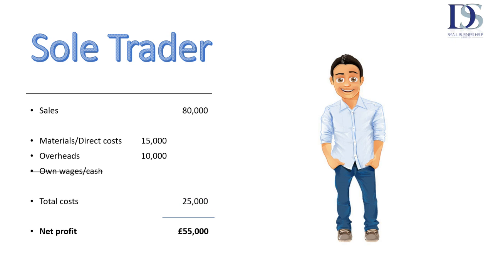This is the equivalent of you earning a salary of £55,000. And on that £55,000, you or your accountant will calculate your income tax and national insurance liabilities. And you have to pay that tax and national insurance out of that £55,000. But what's left is yours to spend on yourself, or to do with as you please.